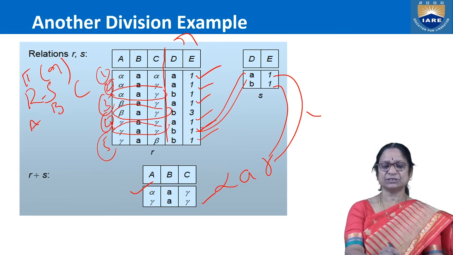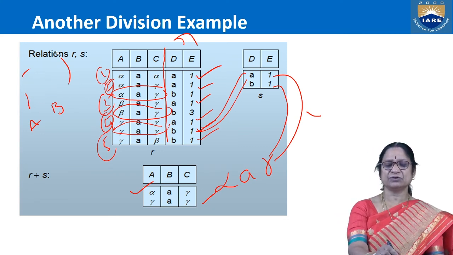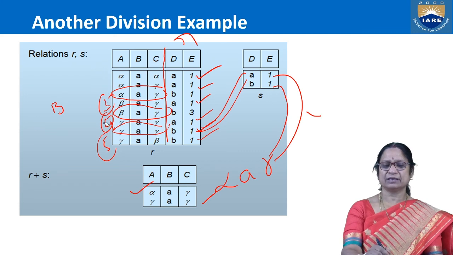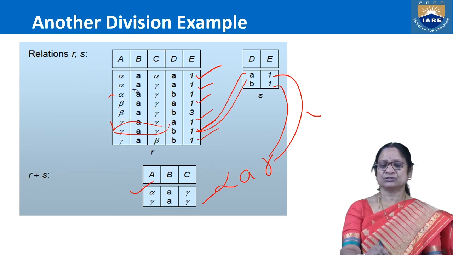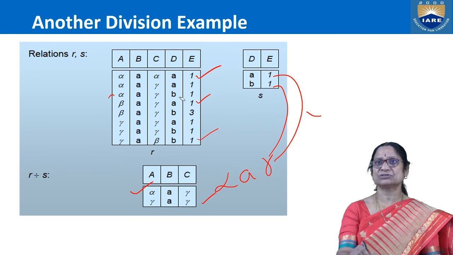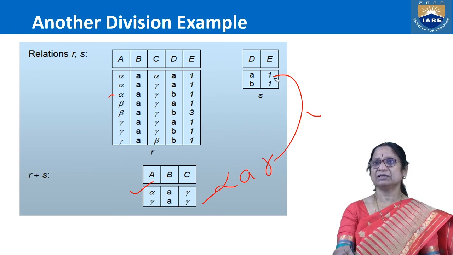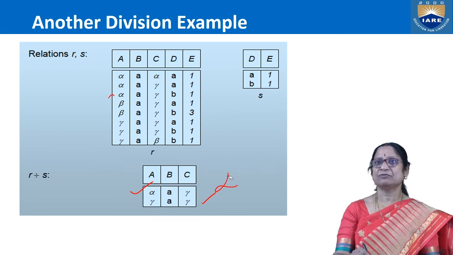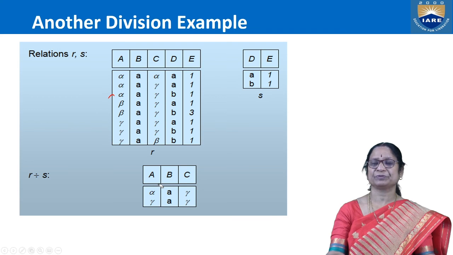So the division operation considers the structure of relation R minus the structure of S, such that the tuples have mappings with all the tuples of S separately.